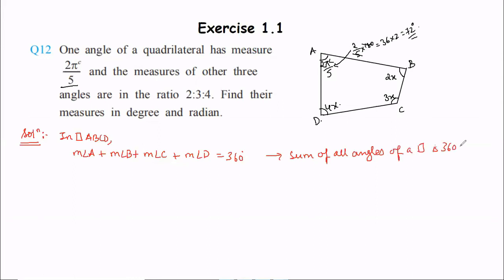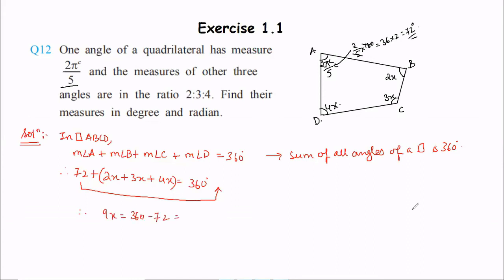So measure angle A, therefore 72, plus 2x plus 3x plus 4x. We are substituting the values we have. Now we shift 72 to the other side and add these three parts, so we have 9x in total. 9x is equal to 360 minus 72, and that gives the answer 288.